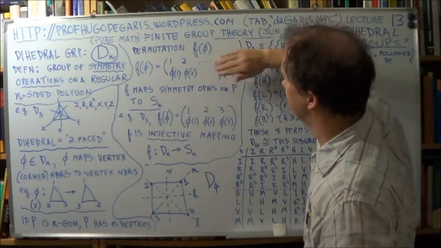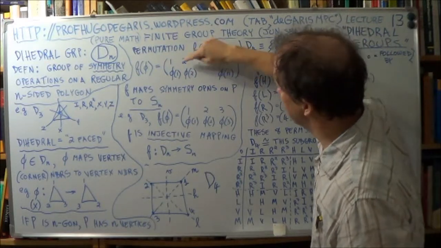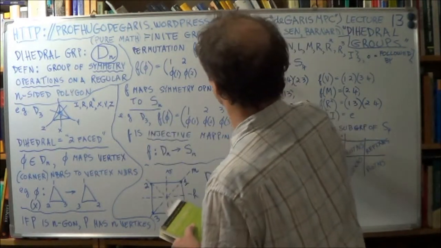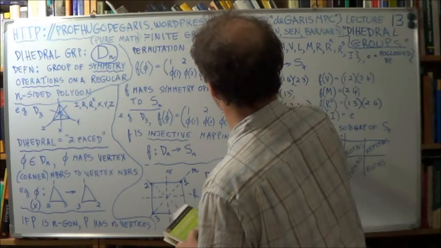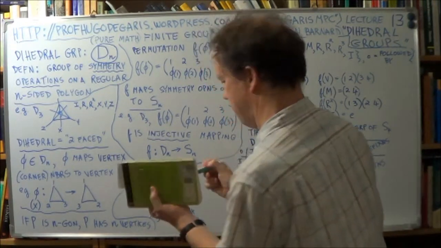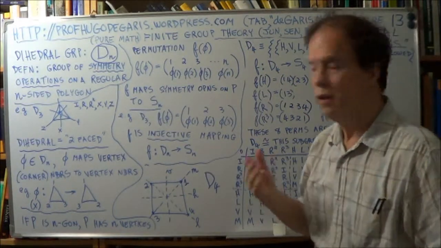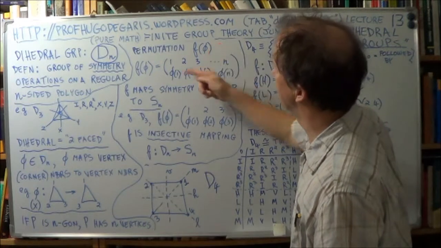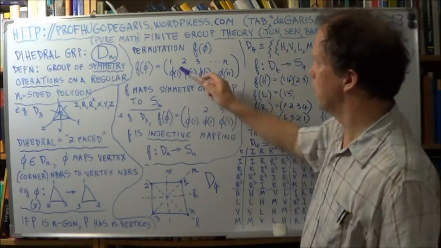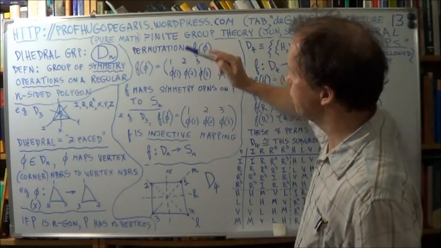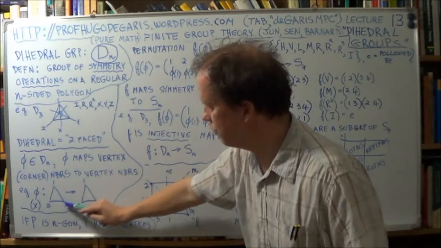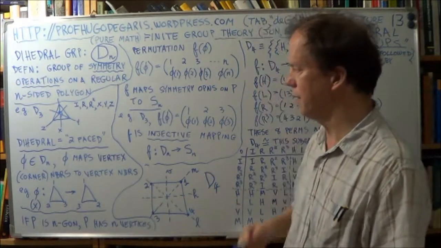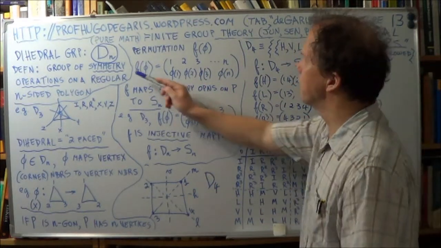Previously we had, I'll put a 3 because that's what we did last time. In an earlier lecture, we got as far as that. We had 1, 2, 3, and what's this doing? It's a permutation of these vertex numbers into other vertex numbers.